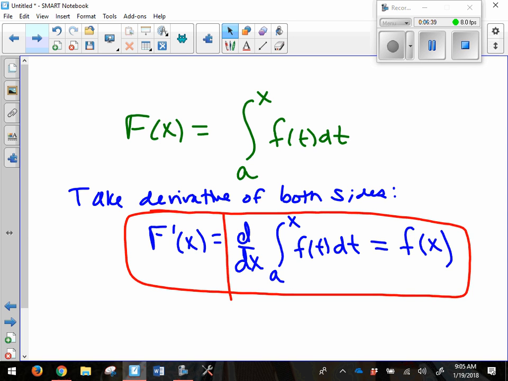So if we look up here, capital F is the antiderivative of this, right? It's the area under the curve.